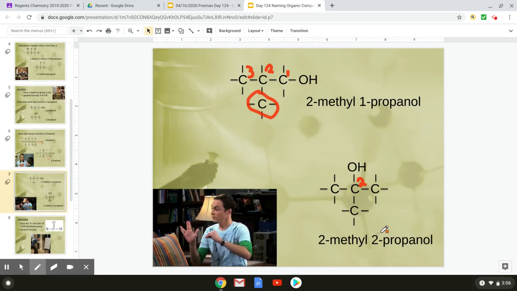So this is 2-propanol. That signifies it's an alcohol with the OH group on the second carbon. And it is also 2-methyl because the methyl group, this extra CH3, is attached to the second carbon. So the whole organic compound would be called 2-methyl-2-propanol. You are writing all these in your notes, right? Of course you are. Go back and do it if you forgot.